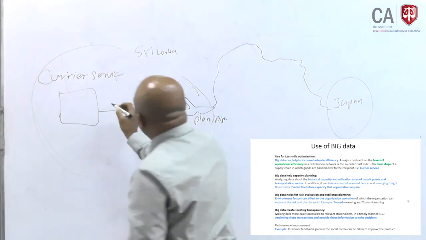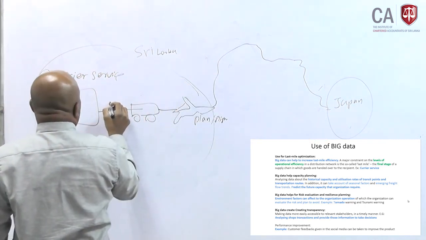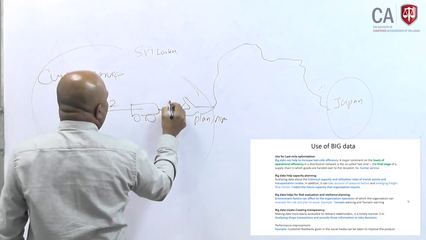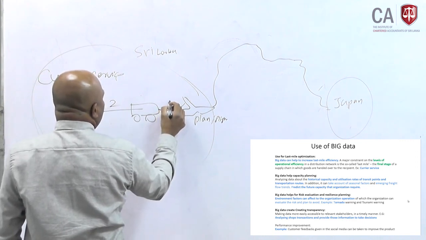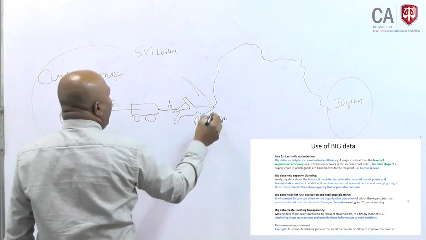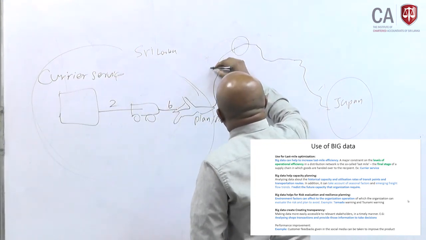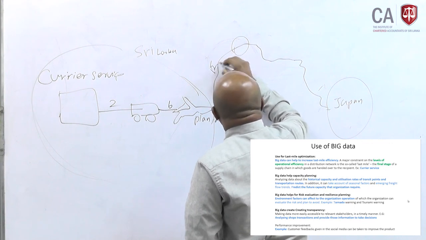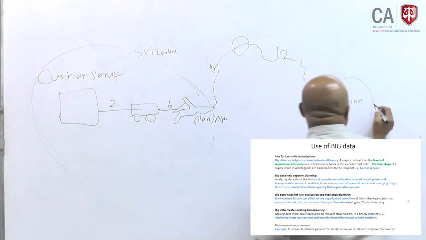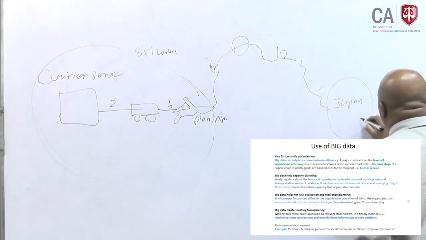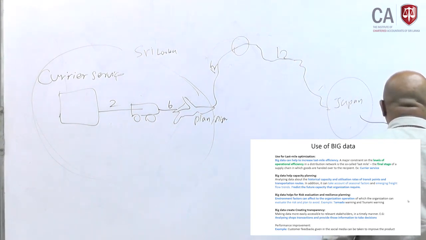Then you are calculating time. This will take about 2 hours. Likewise, 6 hours of waiting will be there. Then it goes to one airport. Let's say 12 hours. Ultimately it reaches here. From here you are going to transfer to someone.